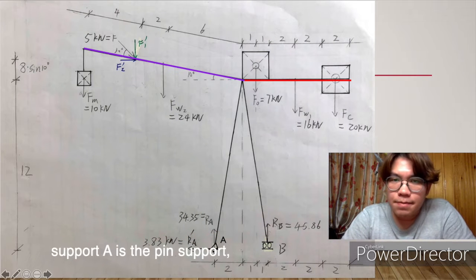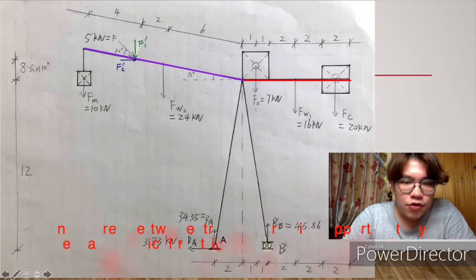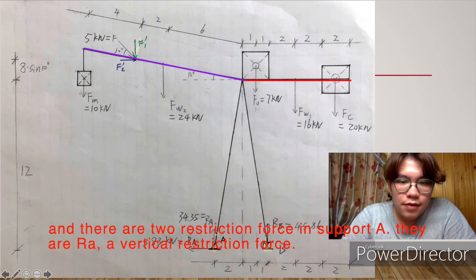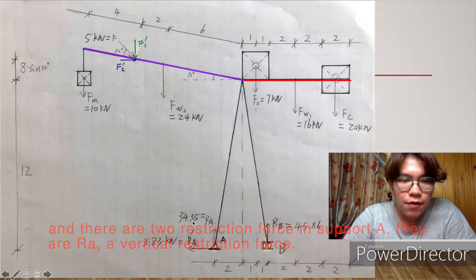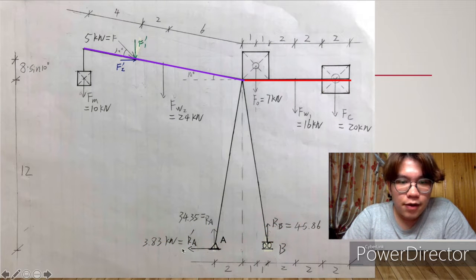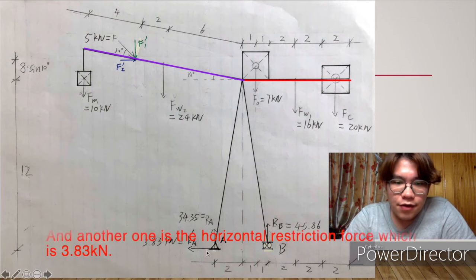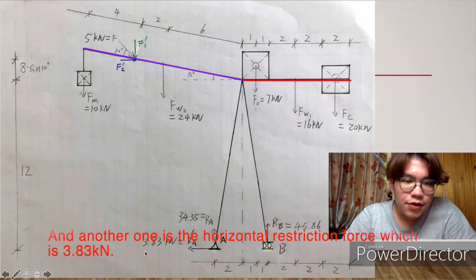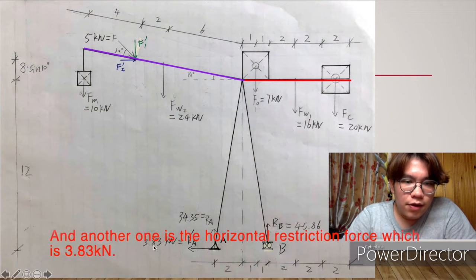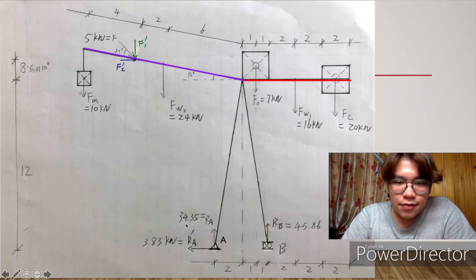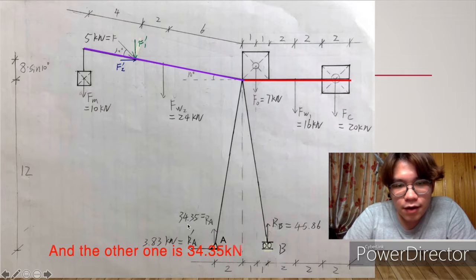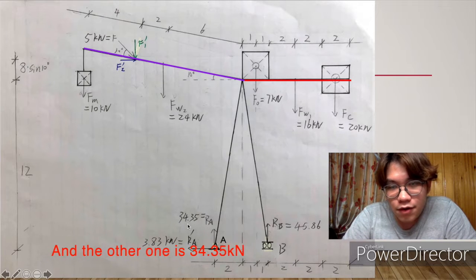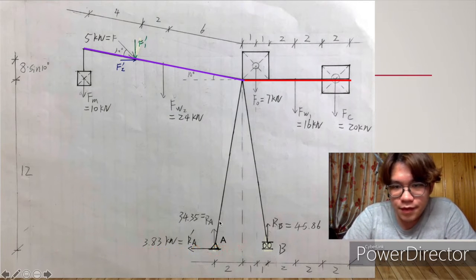Support A is a pin support, and there are two reaction forces on pin support A. One is the horizontal reaction force R-A, which is 3.83 kilonewtons, and the vertical one is 34.35 kilonewtons.